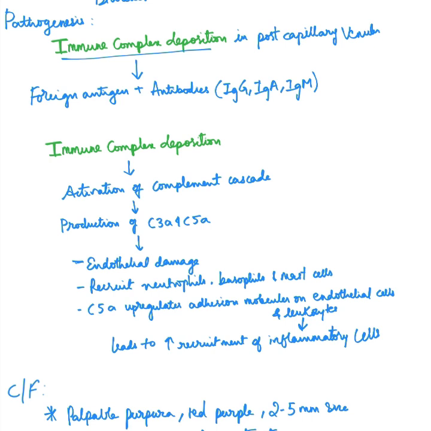These proteins cause endothelial damage. They recruit further neutrophils, basophils and mast cells to produce an inflammatory response. Along with that, C5a also upregulates adhesion molecules on endothelial cells and leukocytes. This leads to attraction of more inflammatory cells, leading to increased recruitment and further inflammation.